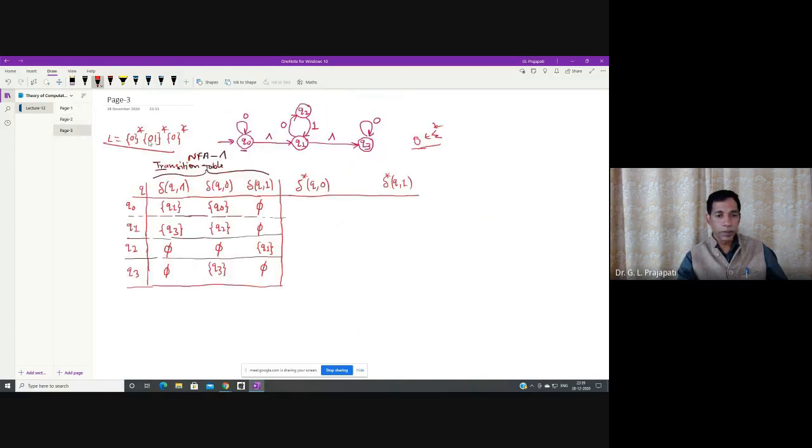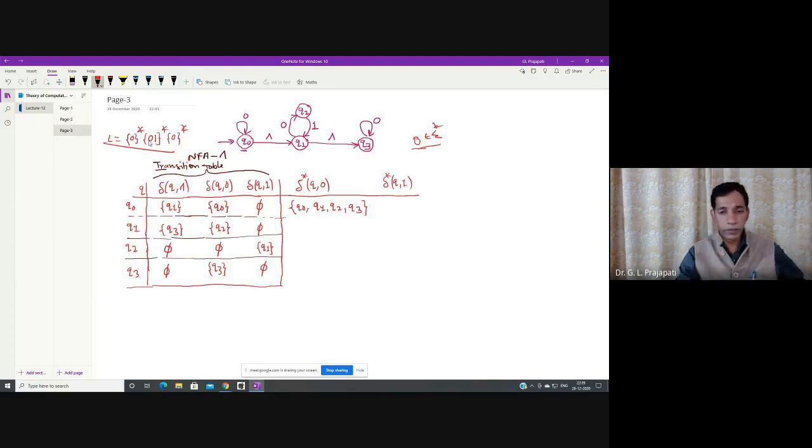So you can write here that whenever you are at Q0 and the input string is 0, your machine can be at Q0, Q1, Q2 or Q3. So this is the possibility.